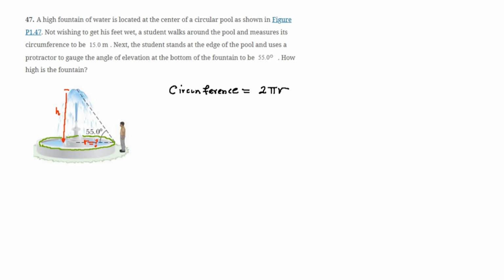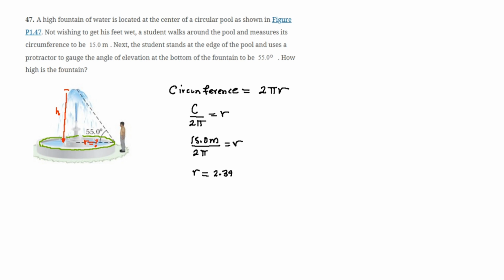Solving for the radius, C divided by 2 pi is equal to the radius. The circumference is 15.0 meters divided by 2 pi, and the radius is 2.39 meters.